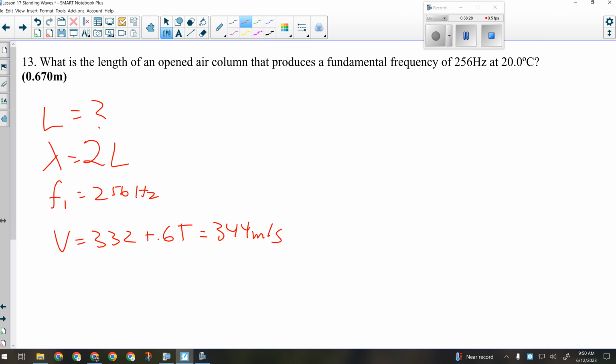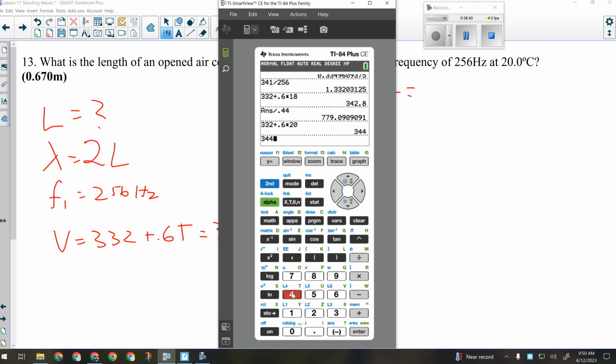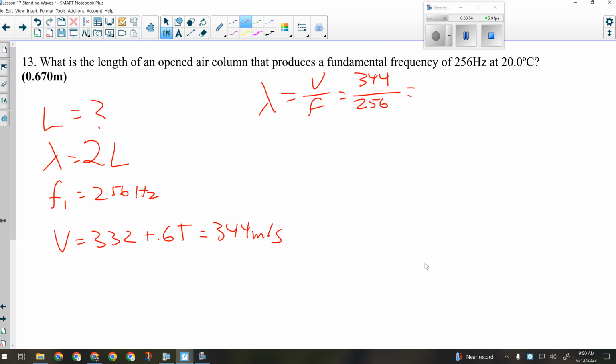Since we have V and F, we can calculate lambda, V over F, 344 divided by 256. So we're looking at 1.343 meters as our wavelength. And since we're looking for the length of the column, it'll be half that, so we'll divide it by 2. 0.671.